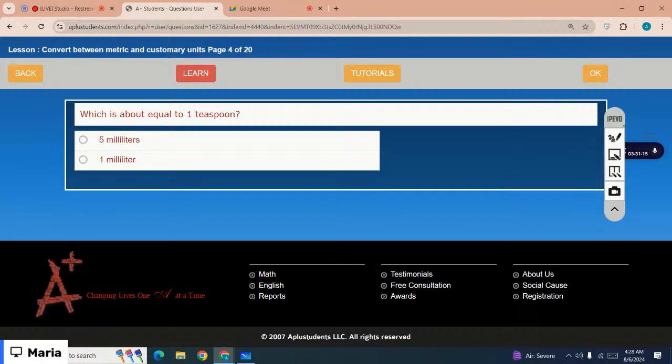Option number 1 it is. That is 5 milliliters. Option number 1 is the correct option.